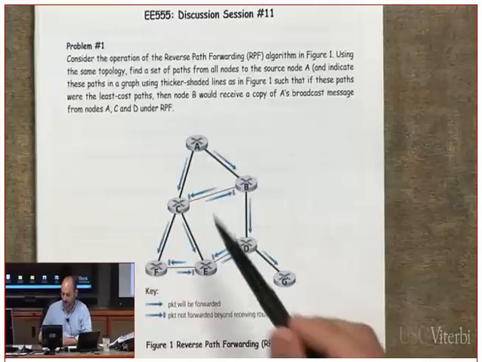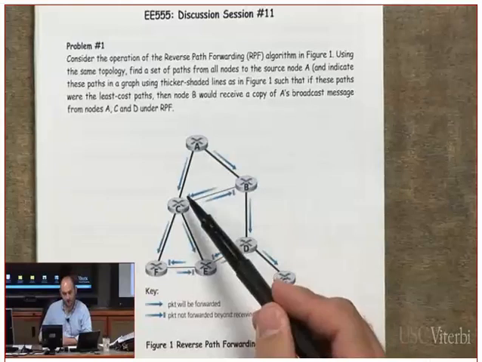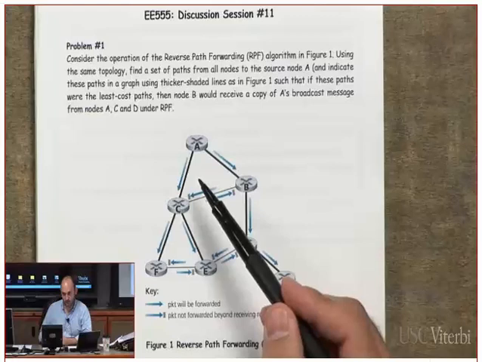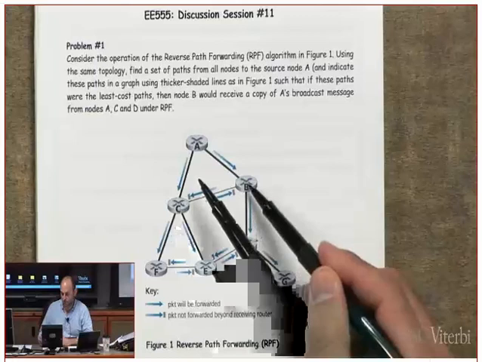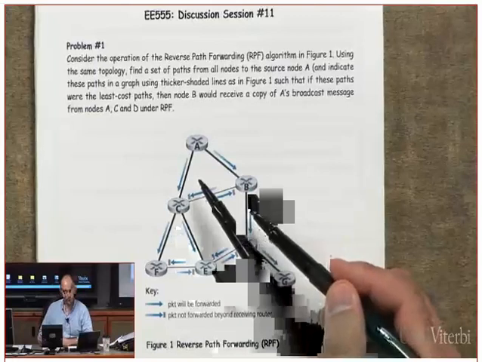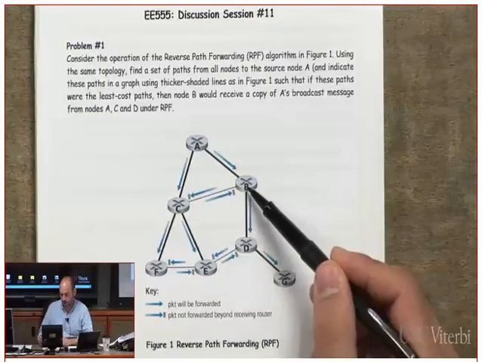This means that this link belongs to the shortest path going to A. Agree? Because if this is the case, then we don't forward back to B. So the packet needs to be coming from this side. In this case, if D receives a packet and this link is the shortest going to A, then D will forward to B and G. Do you agree?